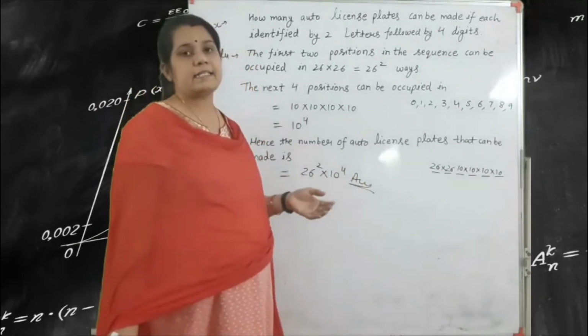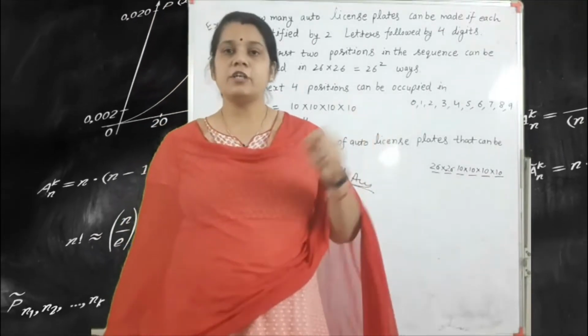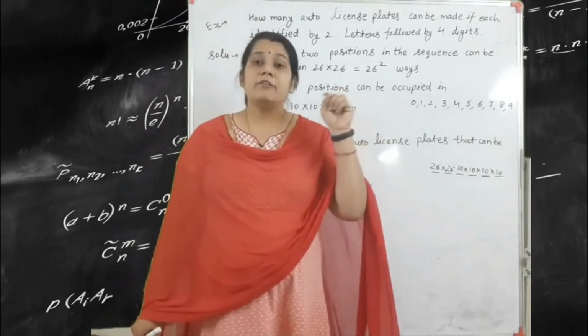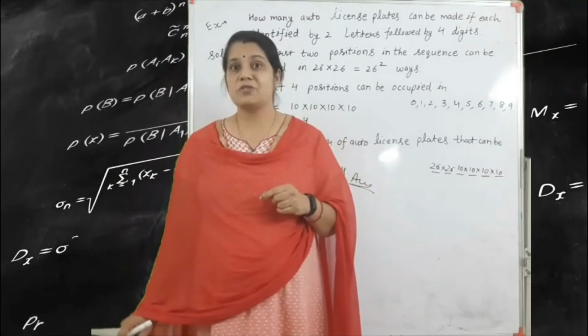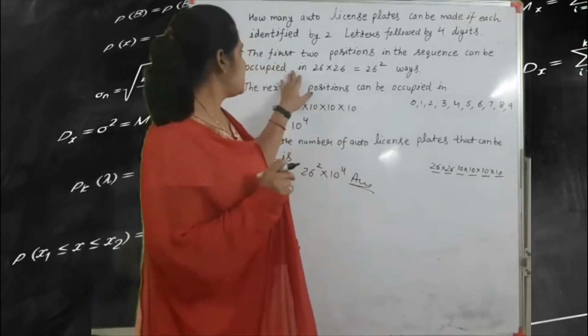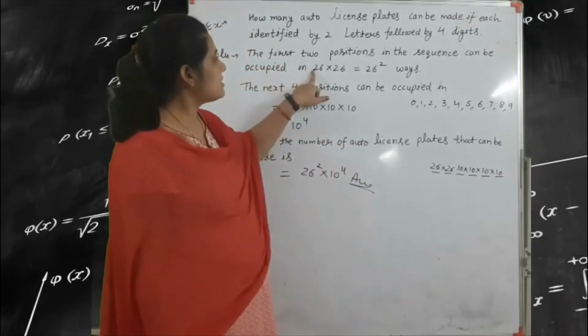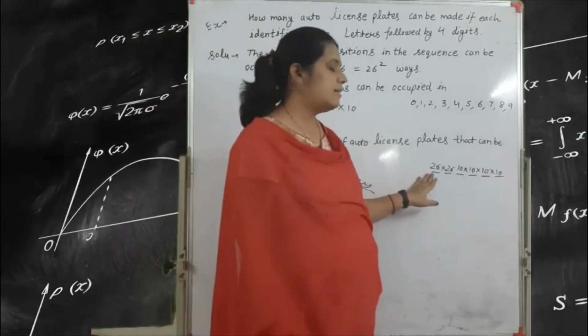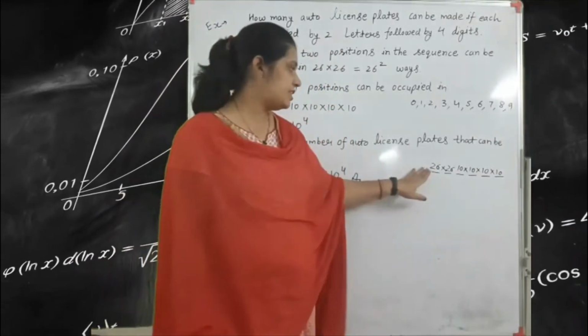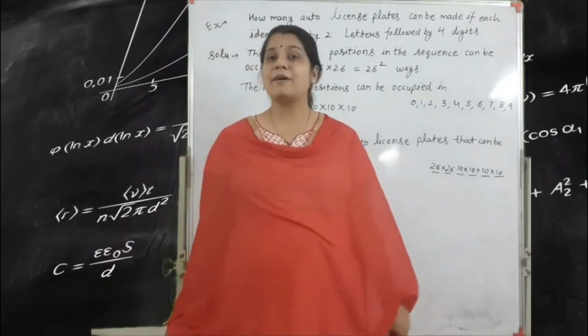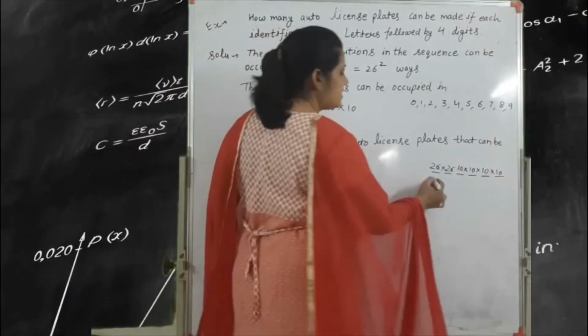Now, in case the question says the alphabets are not repeated and the digits are not repeated, what will we change here? For the first place we write A to Z, 26 alphabets. One alphabet is fixed here, so the remaining alphabets are 25.